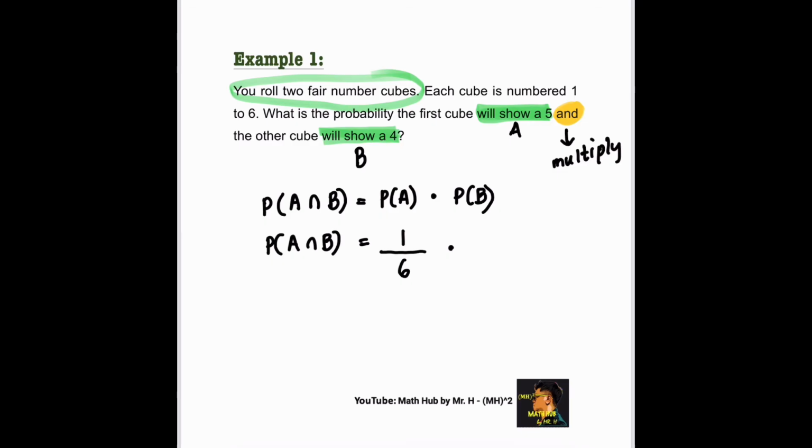There's only one side that has number 4. So basically the probability for event B is also 1 divided by 6. And from here, we just need to multiply: 1 over 6 times 1 over 6 is 1 over 36. And that is the answer.